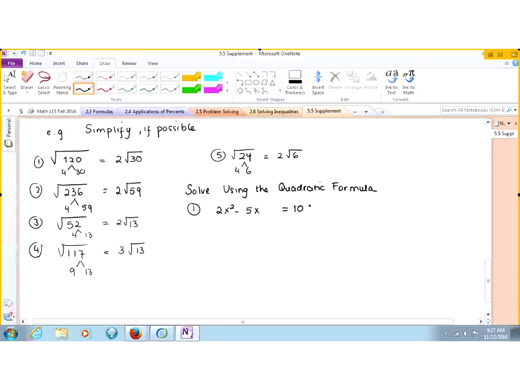Let's just do this first, and then one more, and then we will look at the sample test. So this is 2x squared minus 5x minus 10 is equal to 0. And what is the quadratic formula? X is equal to, yes.